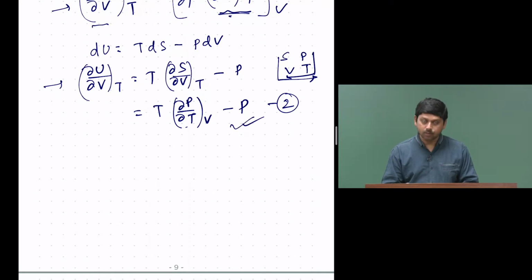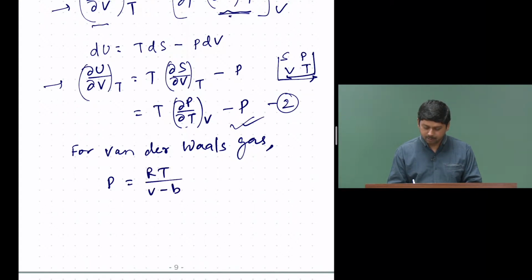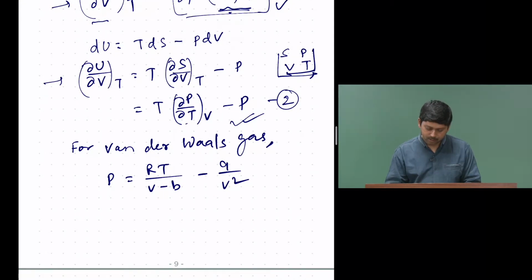We can calculate what this quantity is for a van der Waals gas. For a van der Waals gas, we know that P equals RT by V minus B minus A by V square. We discussed that.